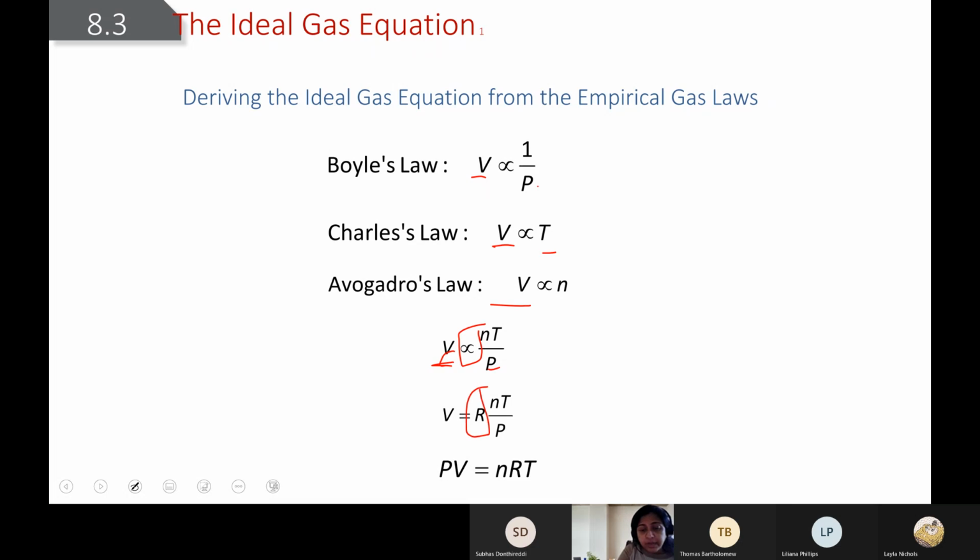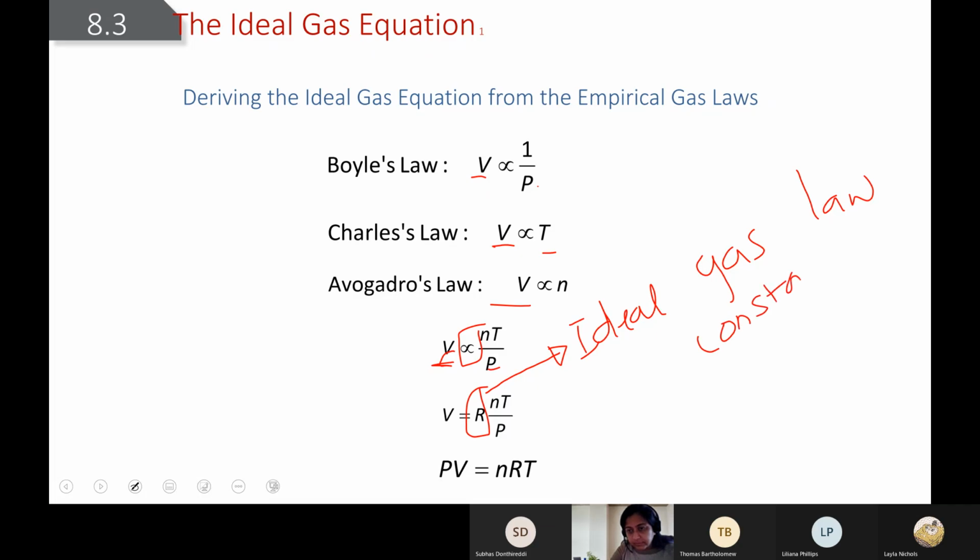I put a constant that is known as R, the ideal gas law constant. So V equals R n T over P.